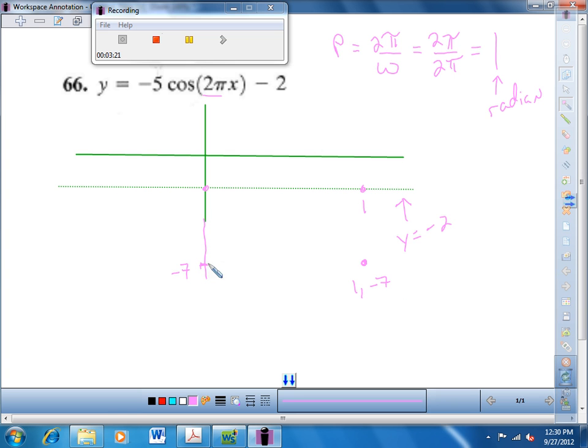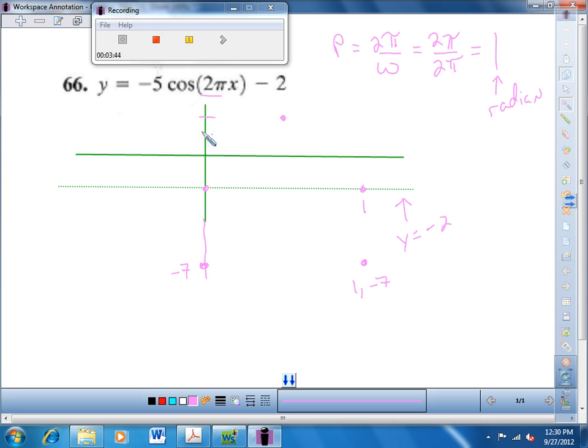And then I would find the halfway point. Well, the halfway point is going to go from -7 up 5 units to y equals -2, and then up 5 more units to where? What's this point going to be right up here? 3.